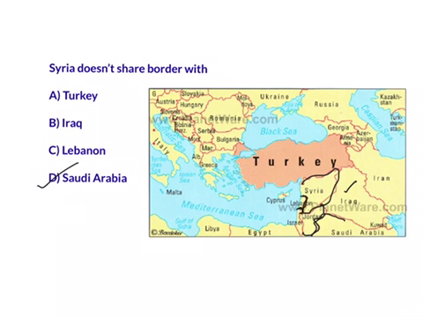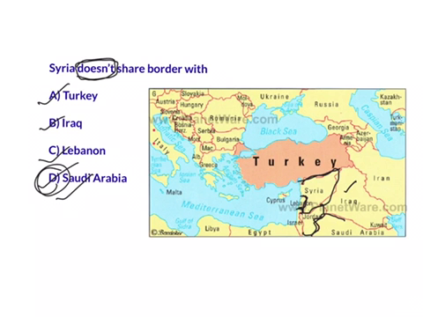Lebanon is bordering Syria, and Turkey is also bordering Syria. Iraq is bordering Syria. Lebanon, this one, is also sharing the border with Syria. So in the question, it has asked which doesn't, which means Saudi Arabia is the answer for this question.